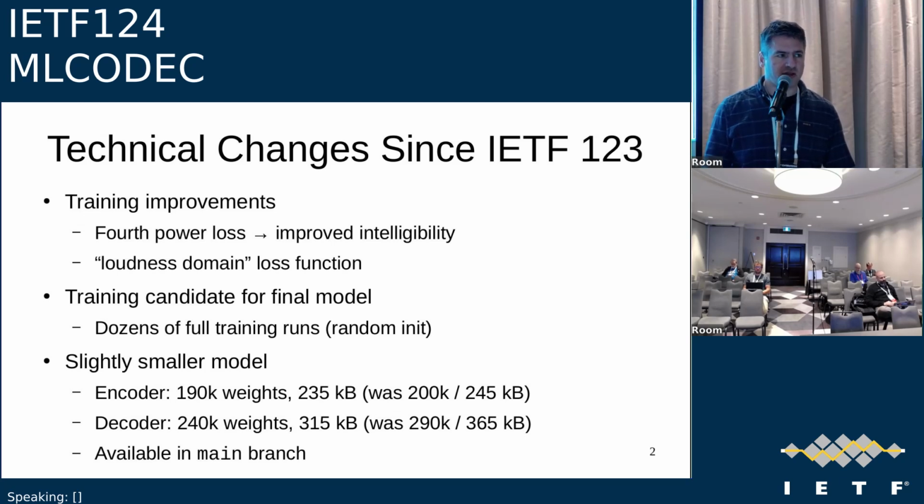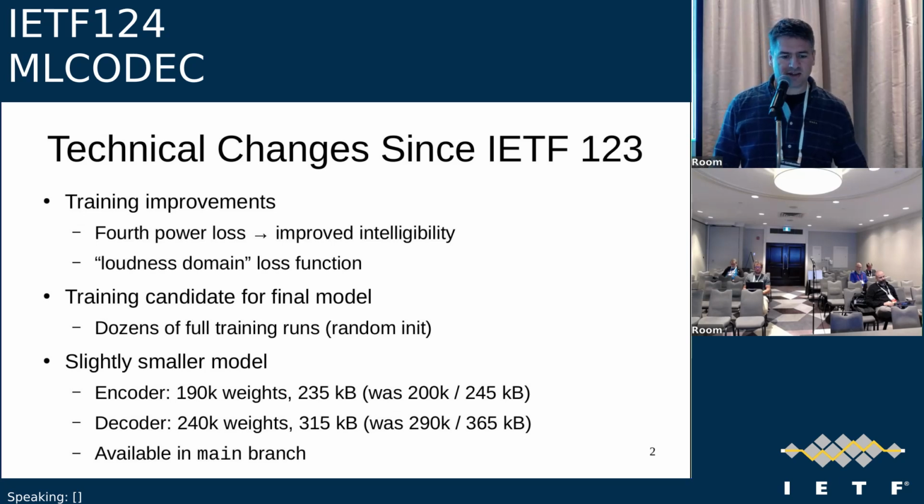Based on that, we selected a potentially final model that is now in the main branch. So if you've been using the main branch for Dread, the Dread model just changed. It hadn't changed for many months, but this one is new. So it won't be compatible, but please test it.